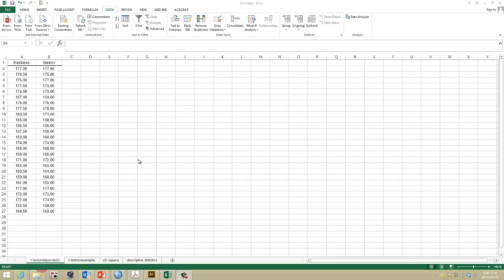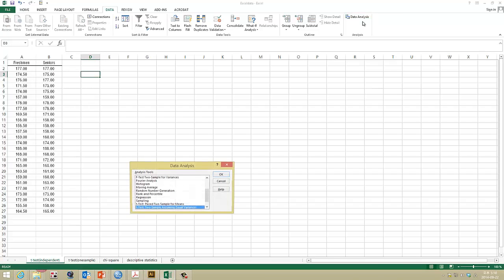So again, I already prepared for you 26 data of freshmen and 26 data of senior students. And here you click data analysis and the t-test, and here we assume equal variance. So we assume this equal dispersion of the data of each group.